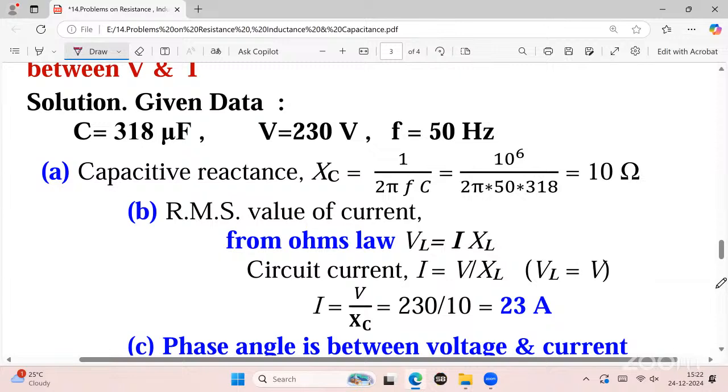If you go up to the numerator, 10 to the power of 6, the answer is 10 ohms.